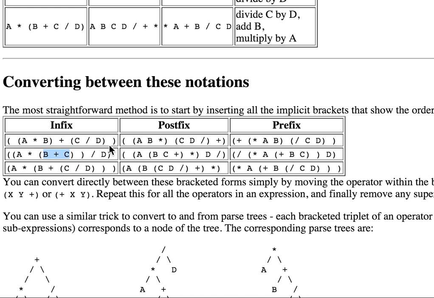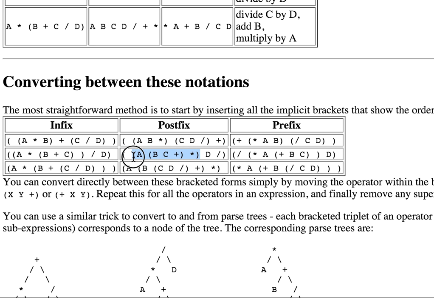Convert this to postfix notation: addition goes at the end, so b c plus. Then after this, we have an operand, another operand, and an operator, so this operator goes at the end. A, b, c plus. So this is an operand.